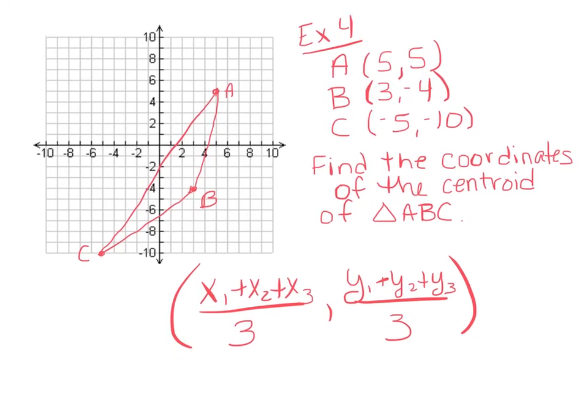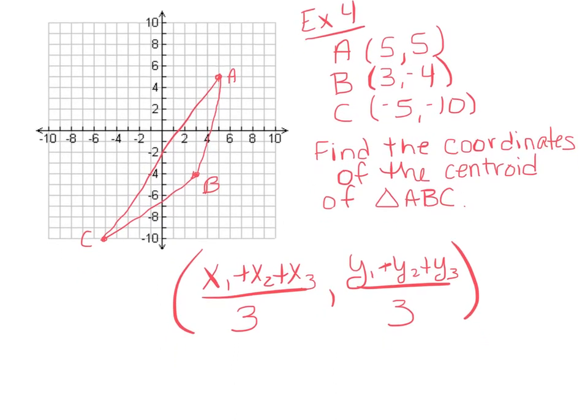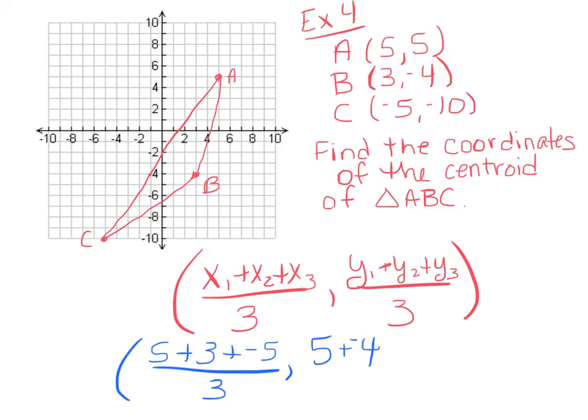So we have the point 5 plus 3 plus -5 divided by 3, and 5 minus 4 plus -4 divided by 3.